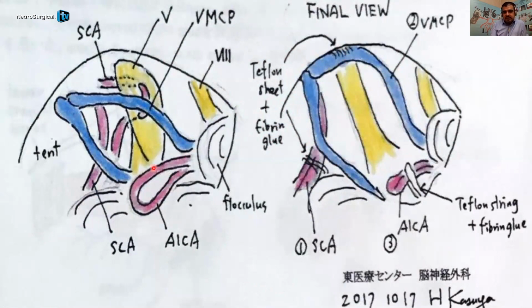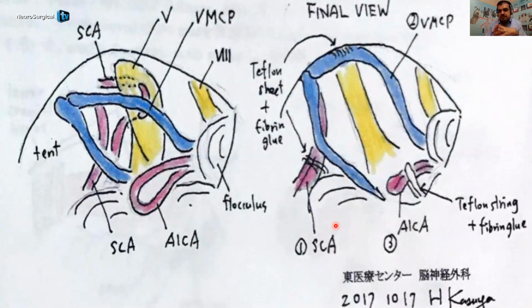And also this is the AICA pulled away here from the trigeminal root entry zone, and the main compressing element, which is the SCA, or the superior cerebellar artery, pulled away and slinged to the cerebellum, also by Teflon and fibrin glue. So the final result will be a clear trigeminal nerve. This is from the operative point of view, but from the anatomical point of view, I think this case will illustrate what we mean by beyond Rhoton level of anatomy.